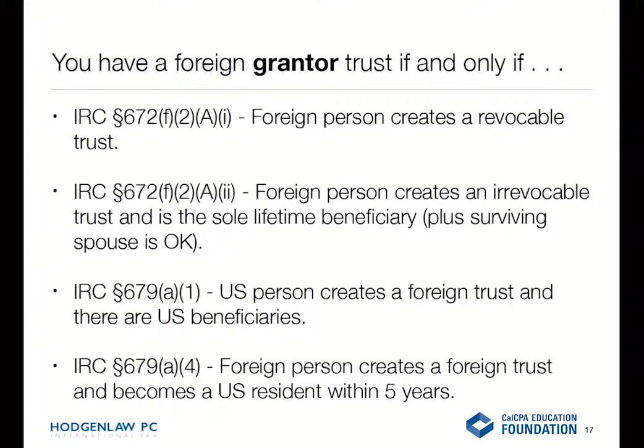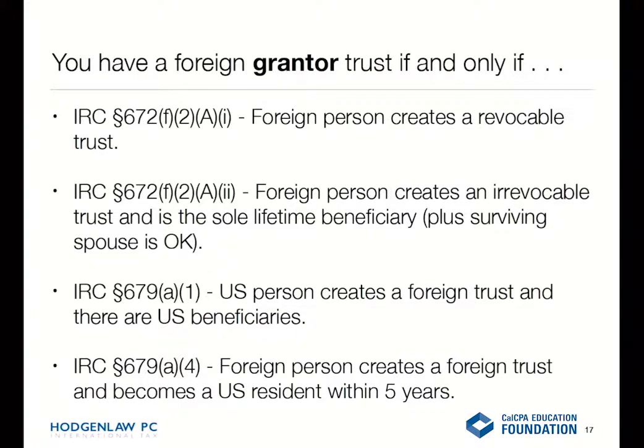First is if a foreign person creates a revocable trust. Second is if a foreign person creates an irrevocable trust and is the sole lifetime beneficiary, or if they and their spouse are the sole lifetime beneficiaries. Third is if a U.S. person creates a foreign trust and there are U.S. beneficiaries.